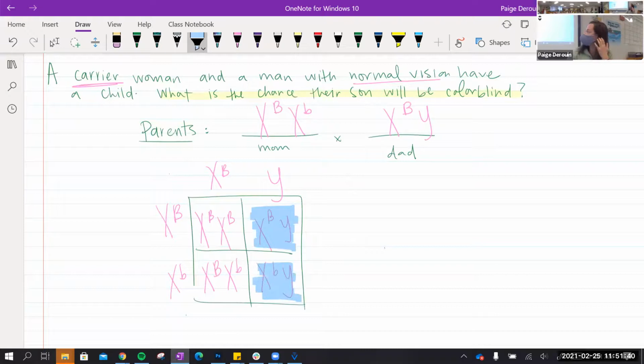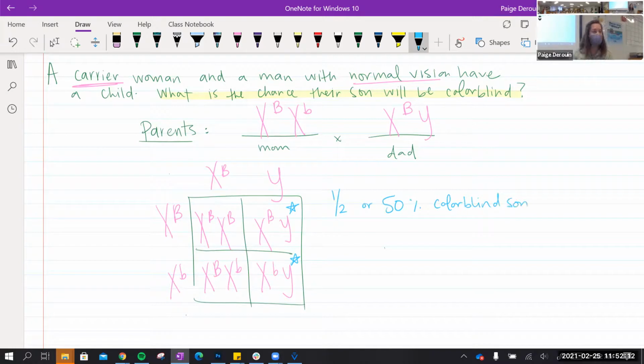The other two boxes are daughters. So I'm going to look at this one and this one. Okay, that means that my chances are going to be out of 4? No, they're only going to be out of 2. So for this one, what is the chance their son will be colorblind? Yeah, 1/2. So 1/2 or 50% colorblind son.